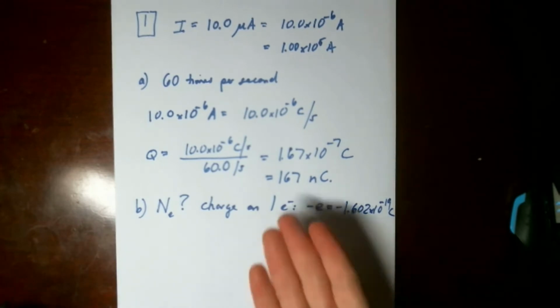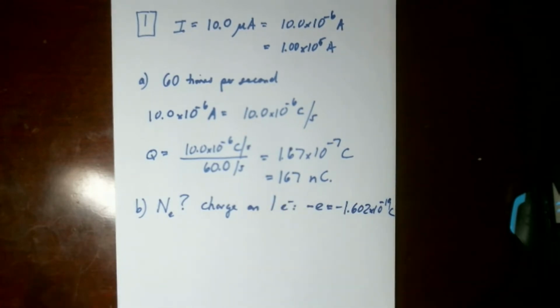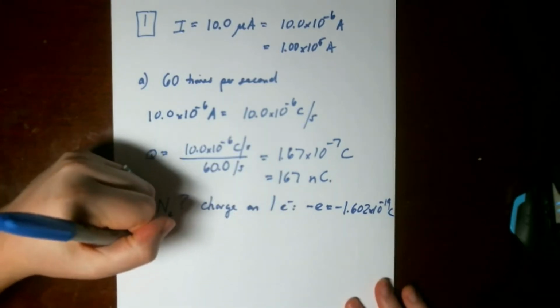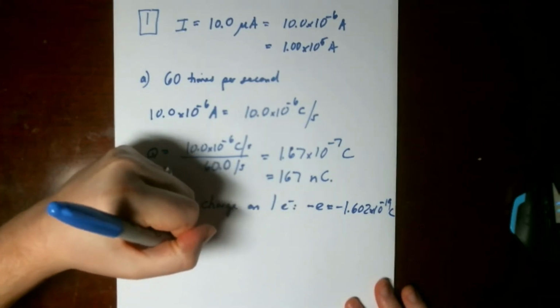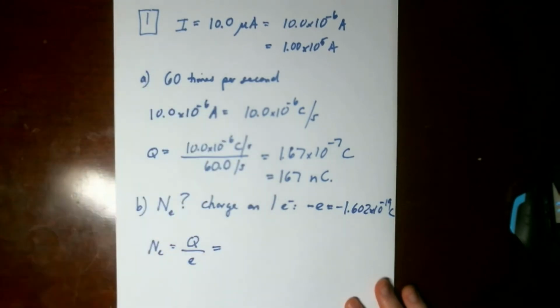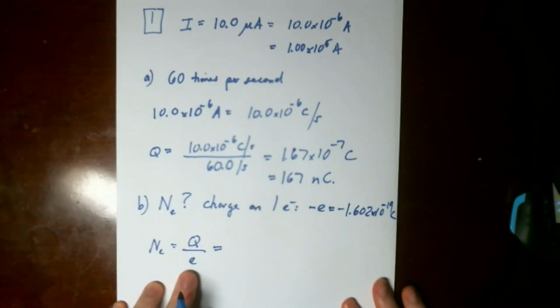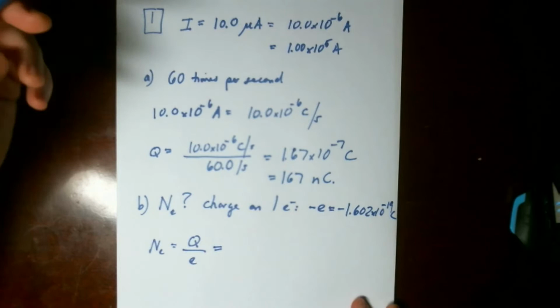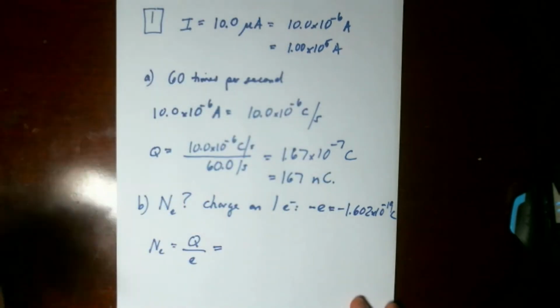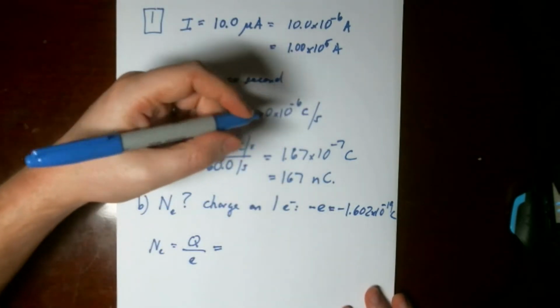So we can divide the charge delivered in 1 scan by the charge on an electron to get the number of electrons. You'll note I'm leaving out the negative sign on e here, and that's because we just need an absolute value. We don't need to worry about the signs here, and I'm going to leave it out, just so I don't get something weird like a negative number of electrons.